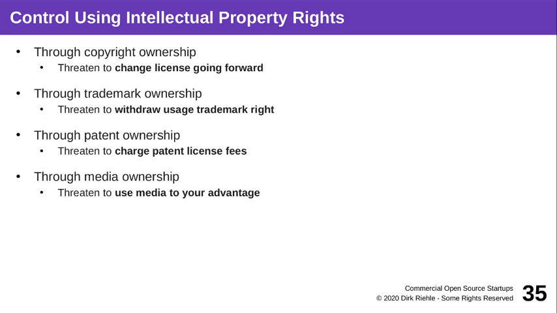So Open Usage Commons, all it does is manage the trademark right. And it's staffed with Google people, basically. So in the eyes of some, Google really just sidestepped the problem and didn't solve it for them.